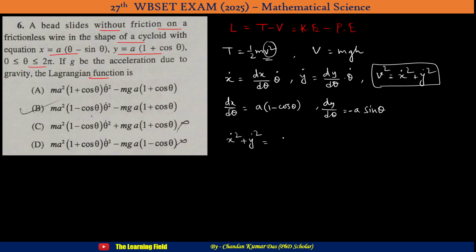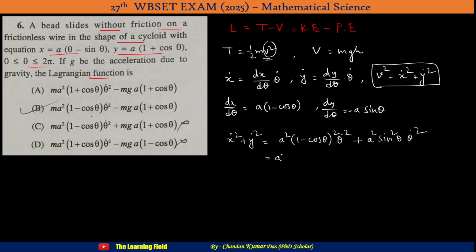This is equal to a square into (1 minus cos theta) whole square into theta dot square, plus a square sin square theta into theta dot square.